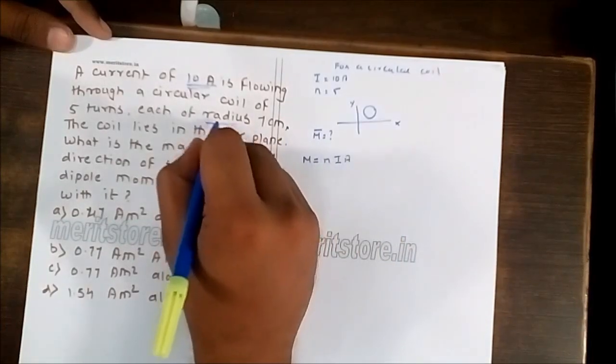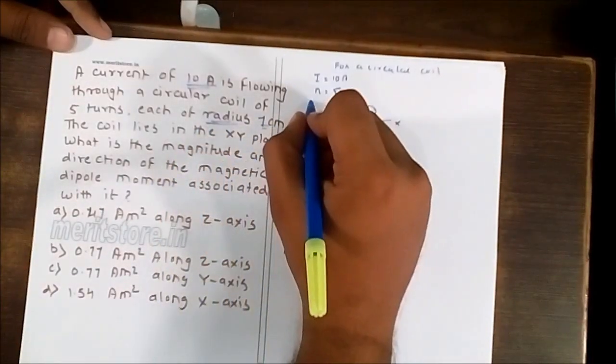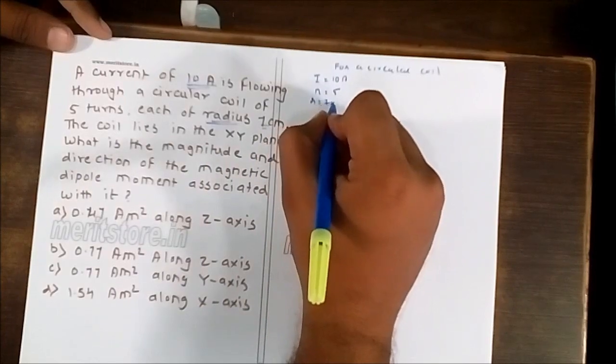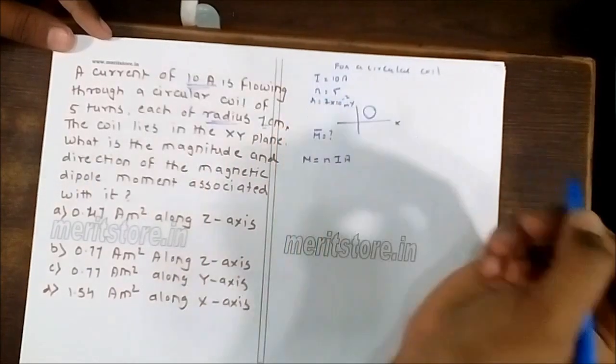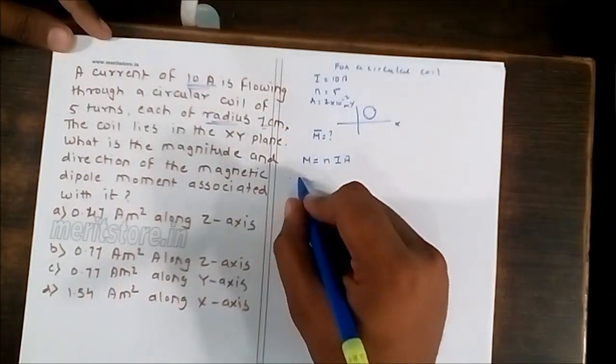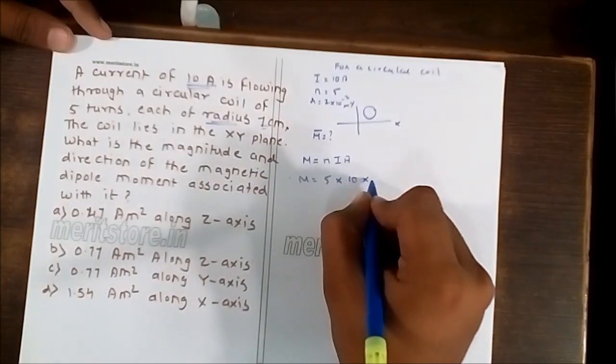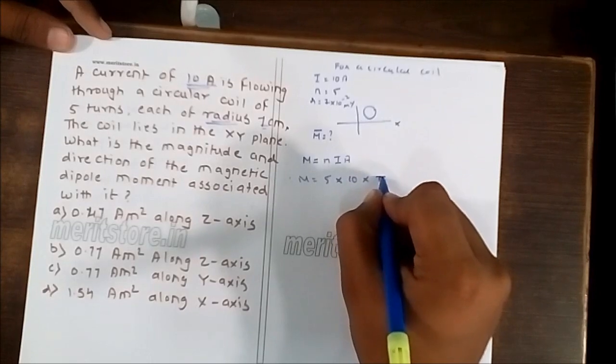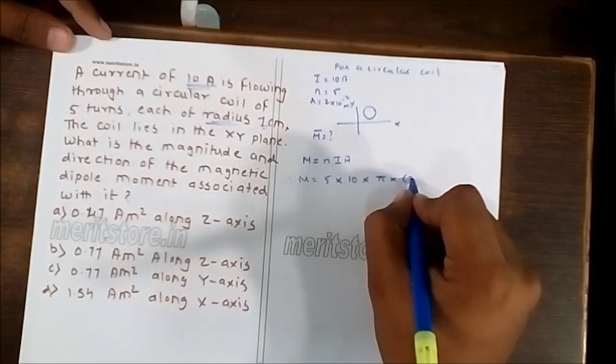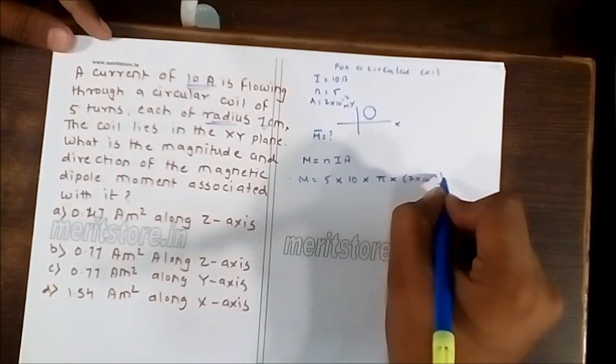Okay, there's another data over here where the radius is 7 centimeters. I would say r is 7 into 10 raised to minus 2 meters. So therefore m is equals to 5 into 10 into pi into 7 into 10 raised to minus 2 the whole square.